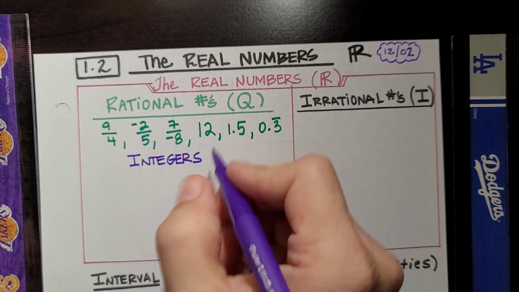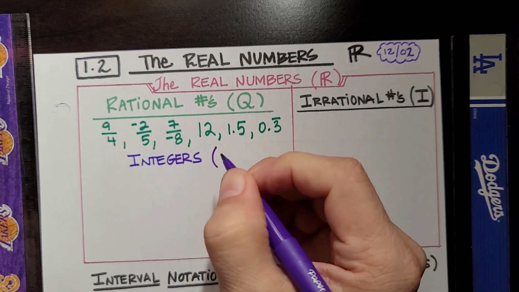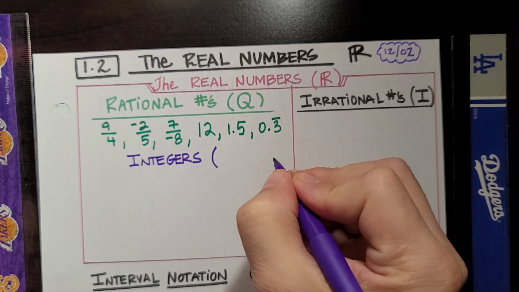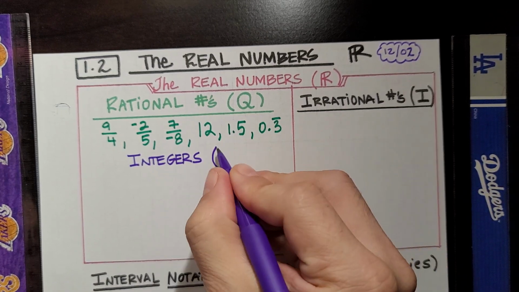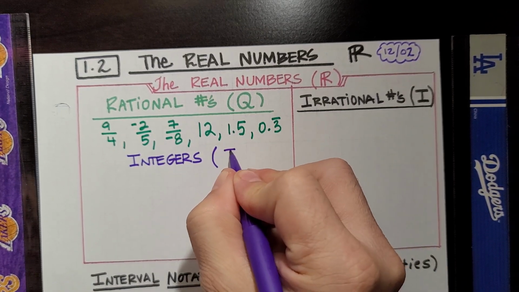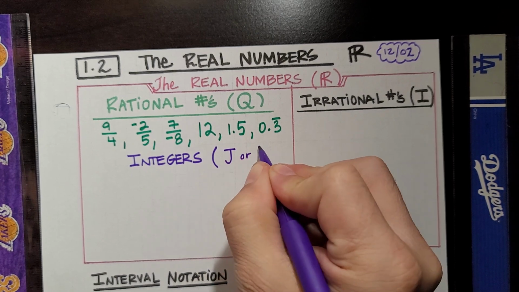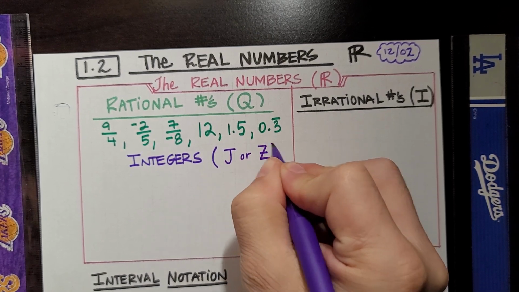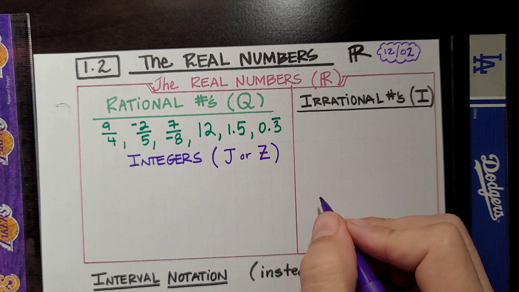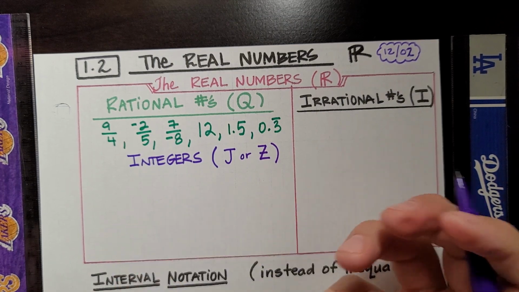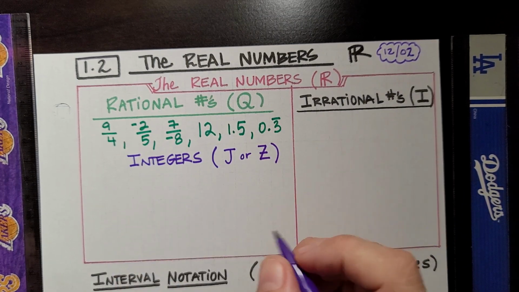Like our textbook, I believe it uses the letter Z. Other textbooks around the world use the letter J. I don't have any fancy story of why they use those other than the phonetics or how it sounds, the phonics rather.